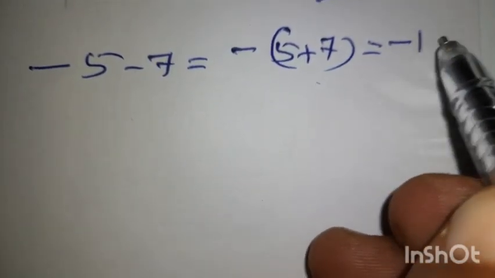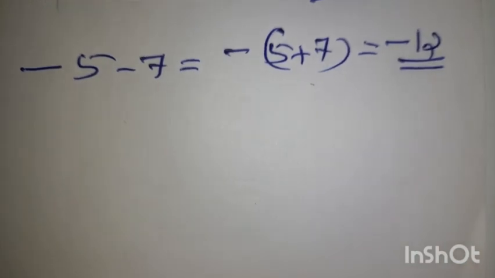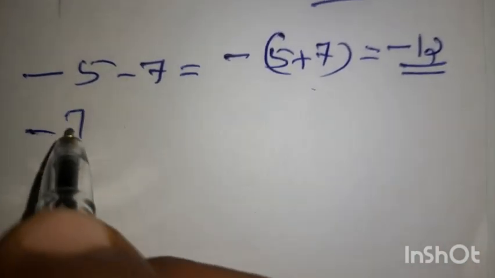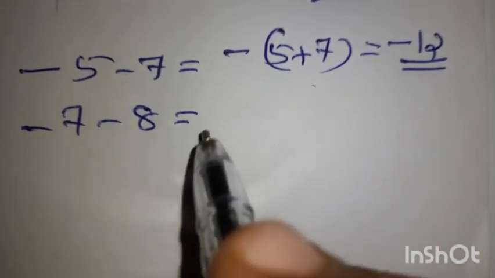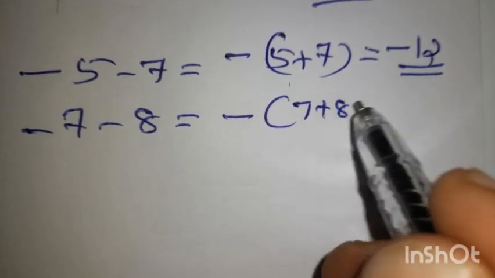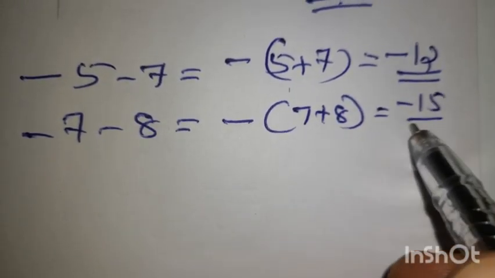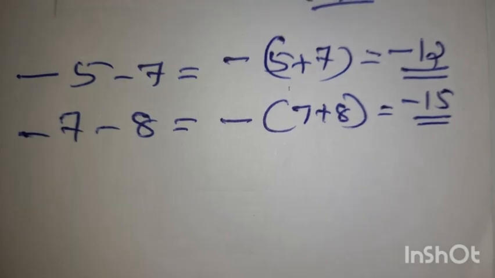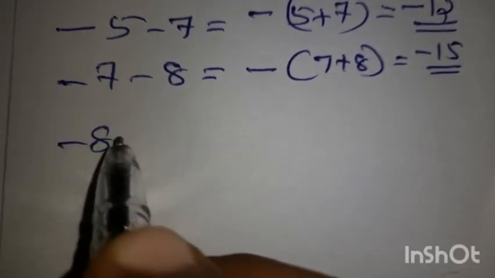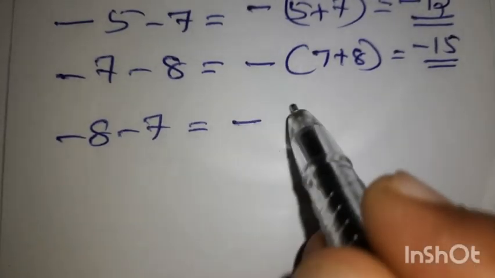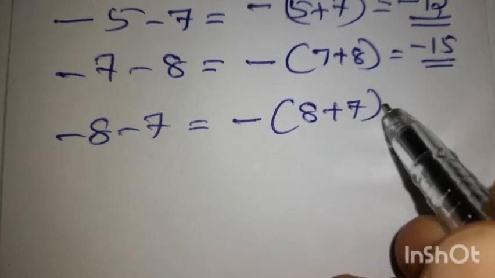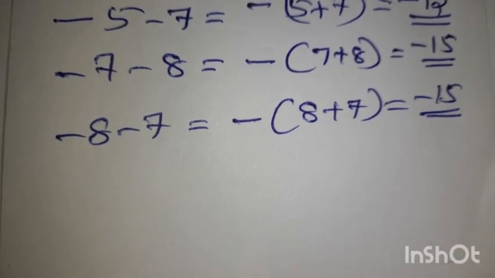The answer is minus 12. Minus 7 minus 8. Minus of 7 plus 8. So minus 15 is the answer. Minus 8 minus 7. Minus of 8 plus 7. So it is minus 15.